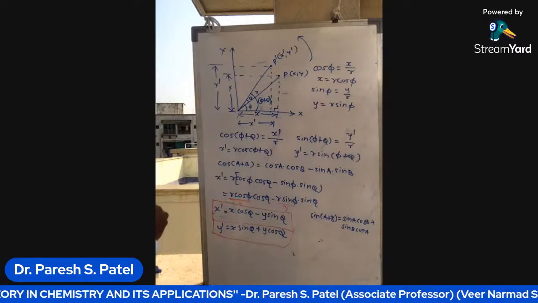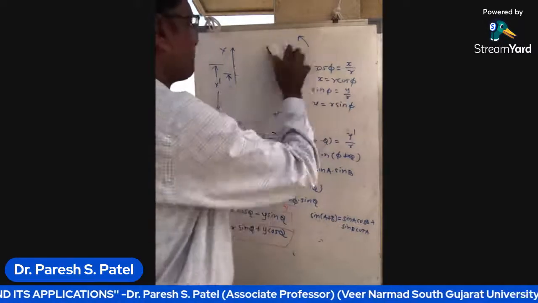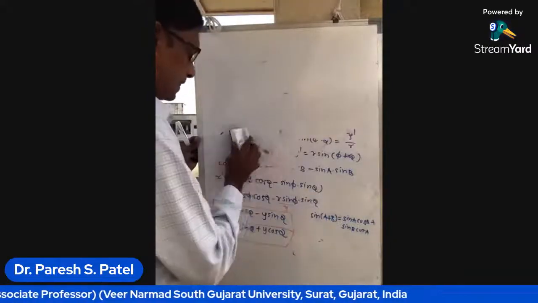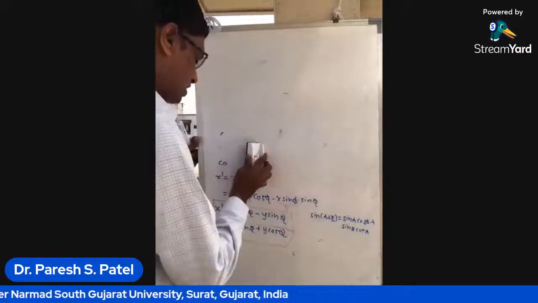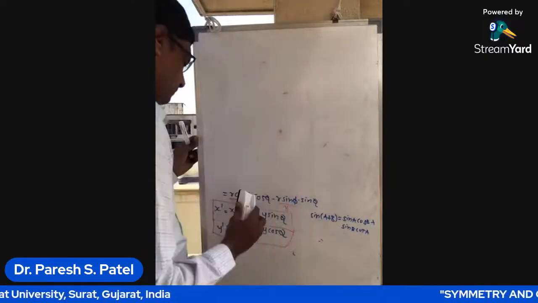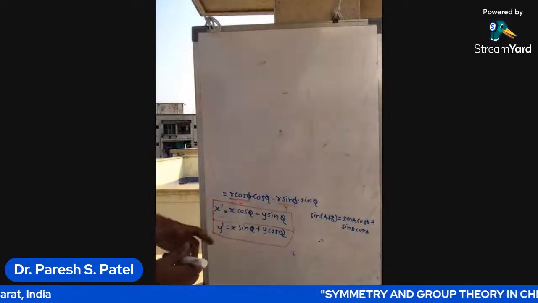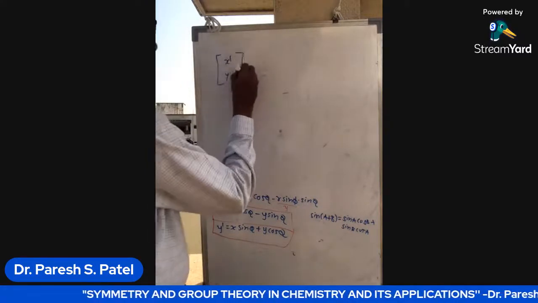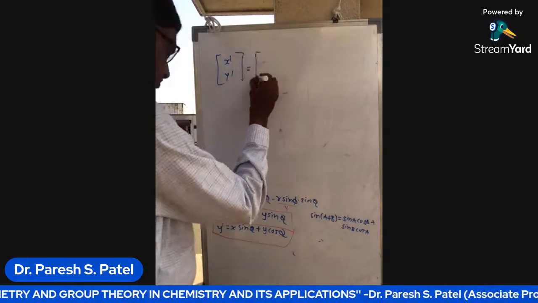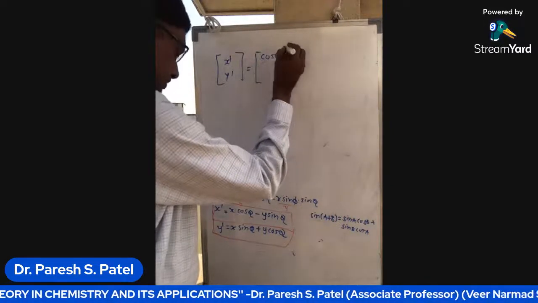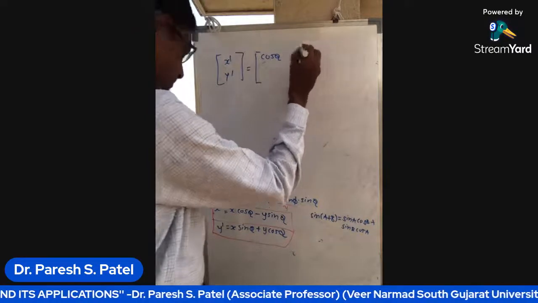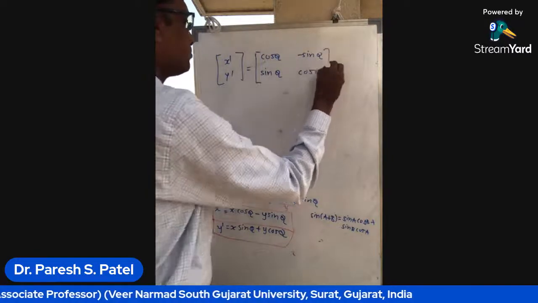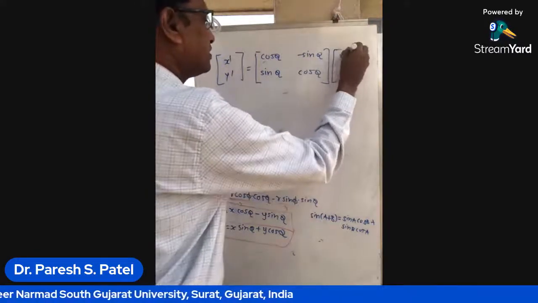Now we can represent these two equations in the form of a matrix: x dash, y dash is equal to the matrix cos theta, minus sin theta, sin theta, cos theta, times x and y.